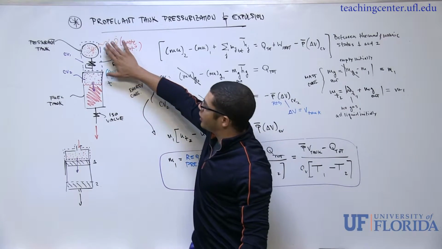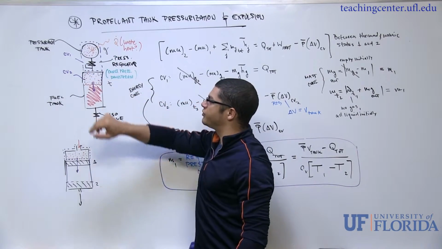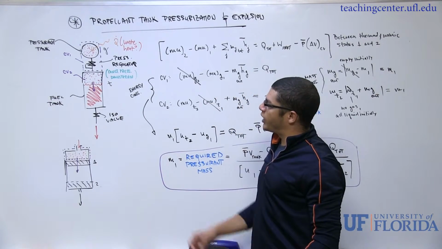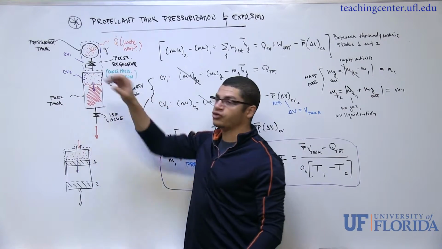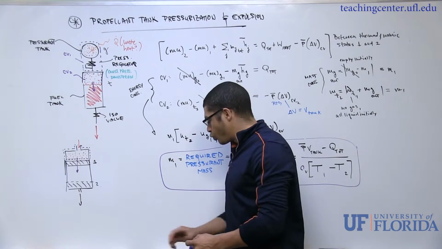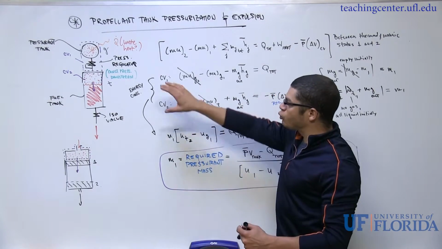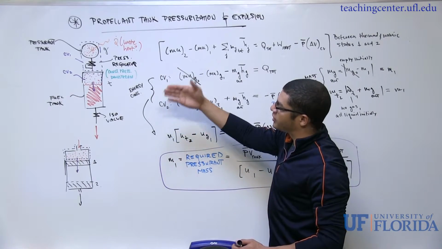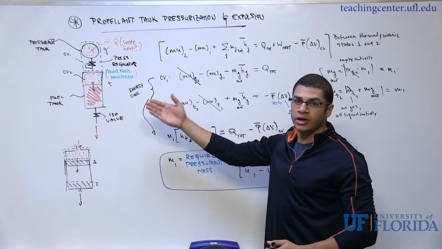Now if we look at the upper purple control volume, CV1, we have a rigid volume with just one outflow. So what we need to do is manipulate this equation up top in order to reflect the specific configurations in control volume 1 and 2.